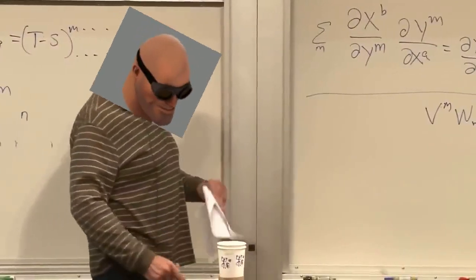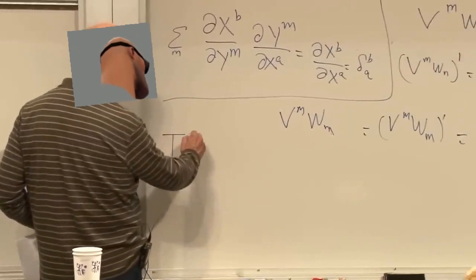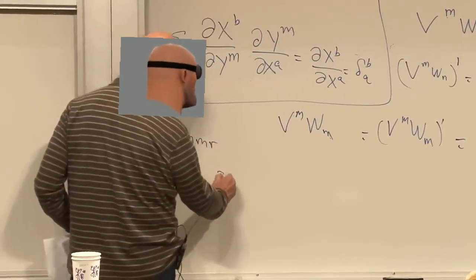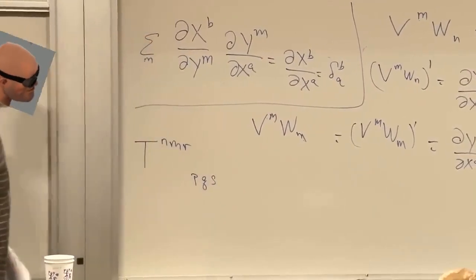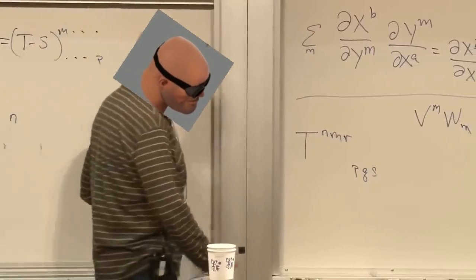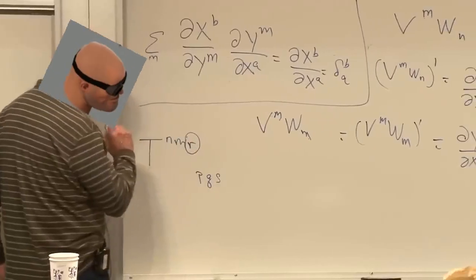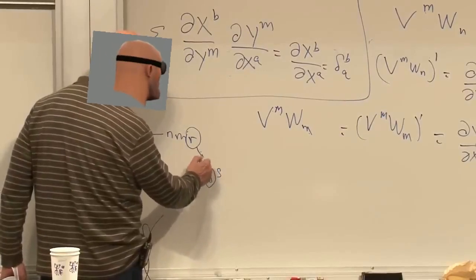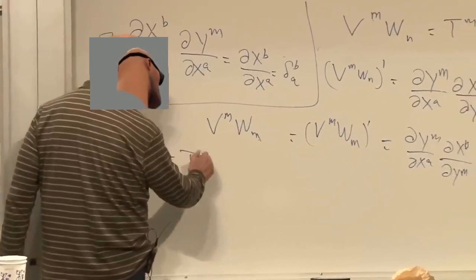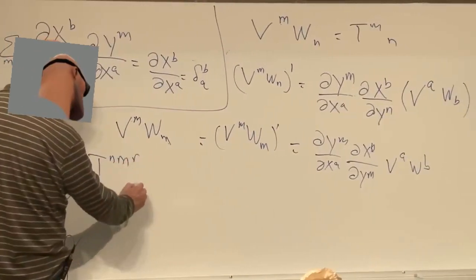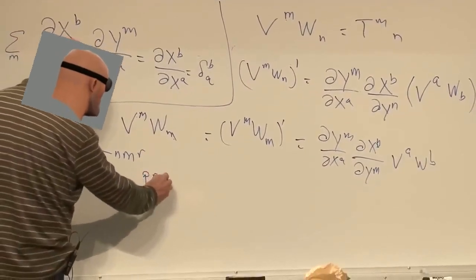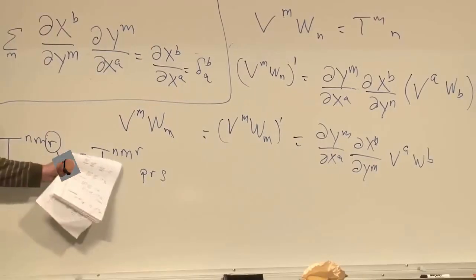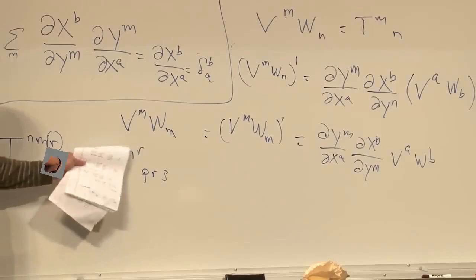It's easy to prove, and you can do this yourself, that if you take any tensor with a bunch of indices, M, N, M, R, P, Q, S, any number of them, take one index from the upper indices and an index from the lower indices, and set them equal to each other, then I would have T, N, M, R, P, R, S. How many indices does this object have over here? 1, 2, 3, 4, 5, 6.